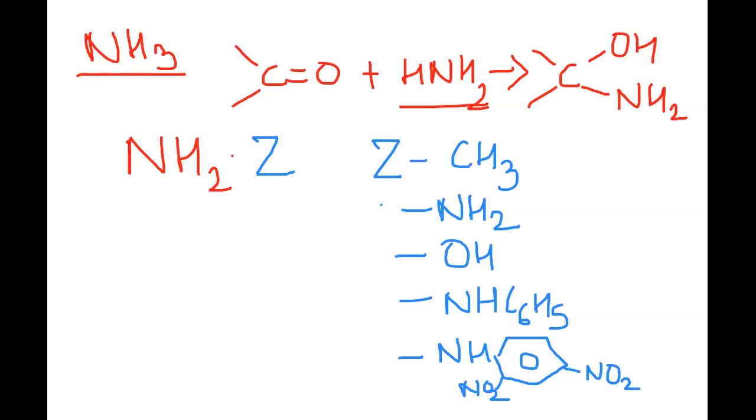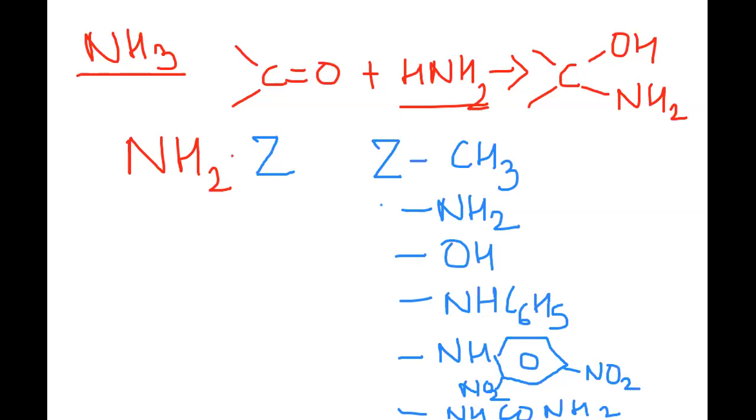And you can also have a semicarbazide, that is, Z can be NHCONH2. Mind you, in all these compounds, Z has been replaced by these groups. All these groups have a definite name to themselves, and the compounds related to these will be formed by the mechanism that we are just about to discuss.